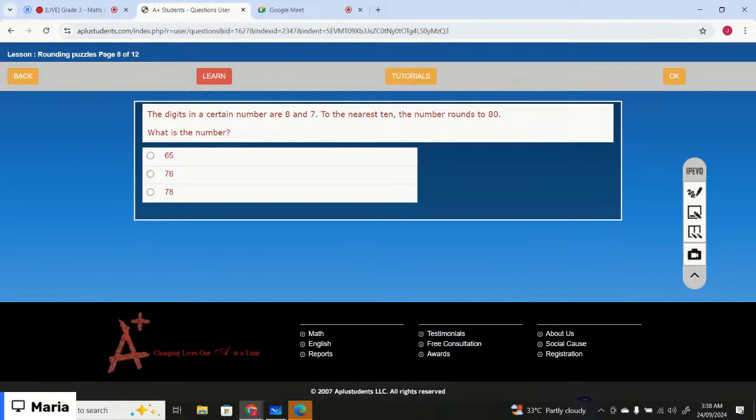What is the number? 78 it is. 87 is rounded off to 90. 78 is rounded off to 80. The correct option is 78.